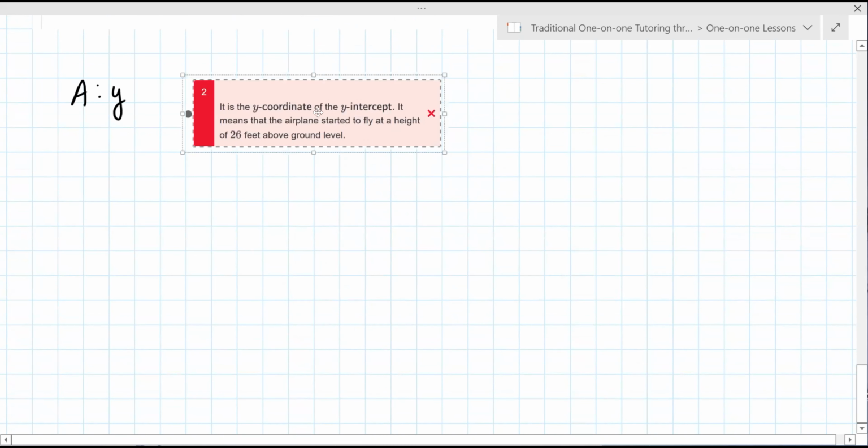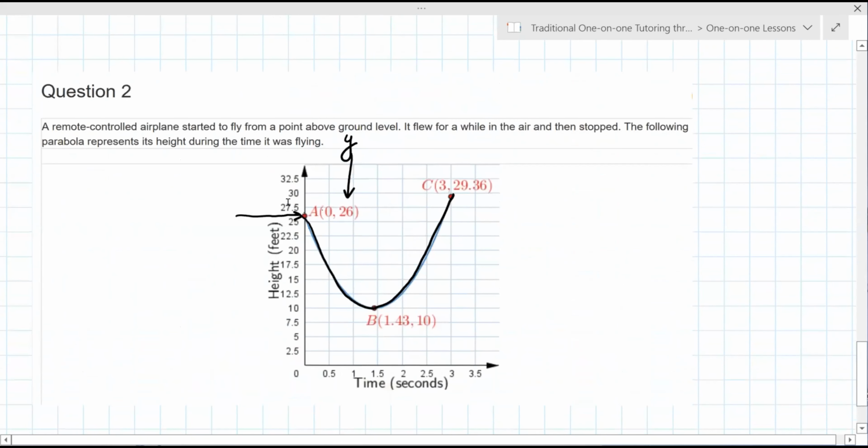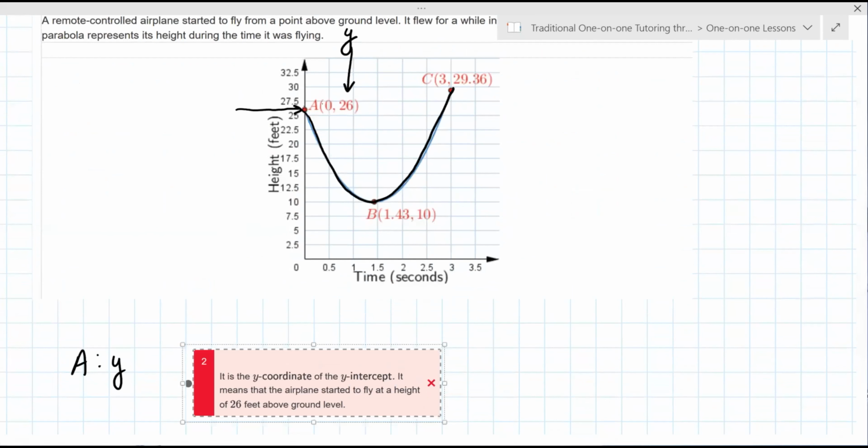It was starting at a height of 26 feet above the ground. You can see that graphically, you're at 26 feet. That's the y value. The x coordinate of A is just the initial time. Oh, it doesn't actually want the x coordinate there.